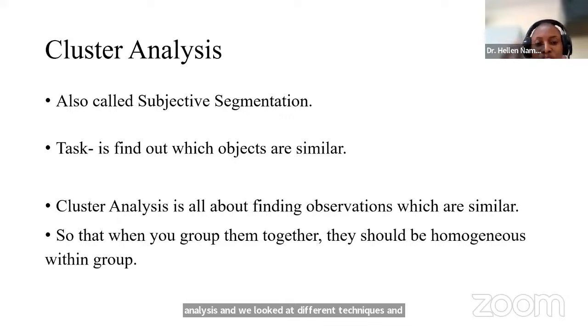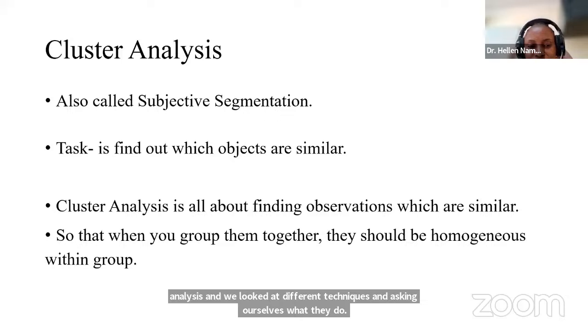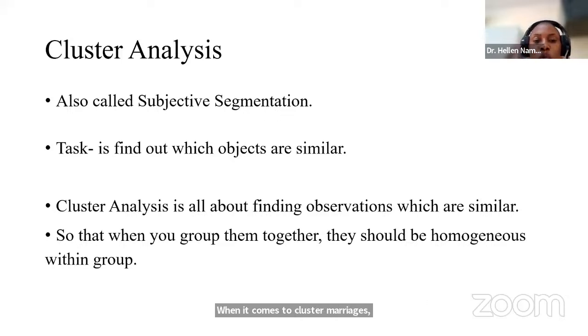When it comes to cluster analysis, the main task is to find out which objects are similar. The object could be an observation or an item, depending on the data that you've collected or on your interest in the different things that you want to cluster together. But one thing that we want to see is: are these objects similar? Do we see any pattern when we are looking at different objects?